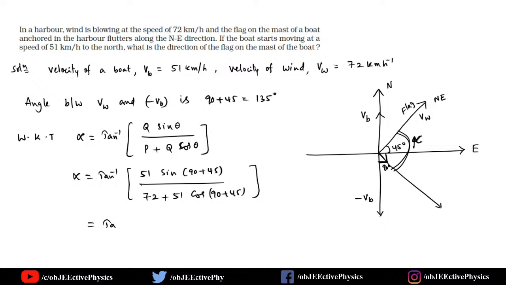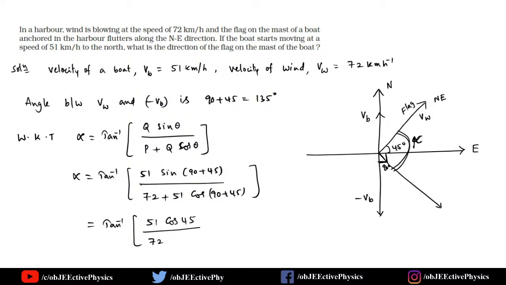That is equal to tan inverse of 51 sin(90 plus 45). 90 plus 45 is in the second quadrant, where sin is positive. Since the 90 angle is there, an odd angle, sin(90 plus 45) equals cos 45.